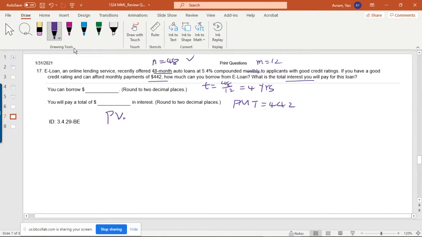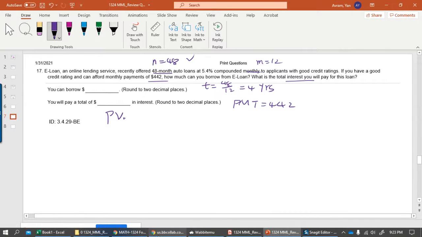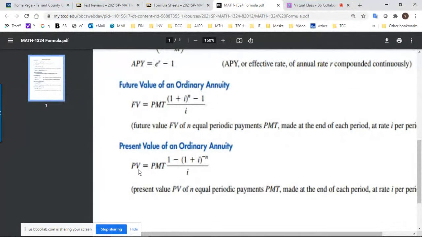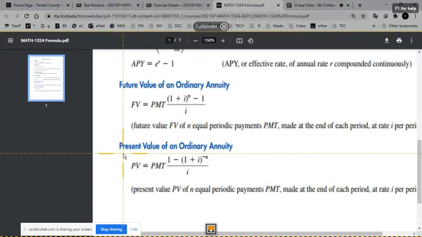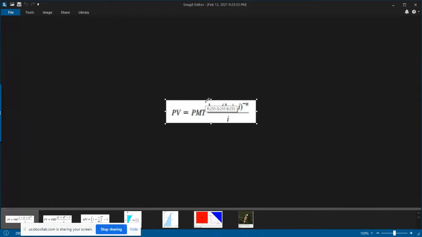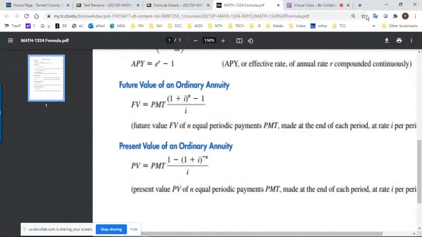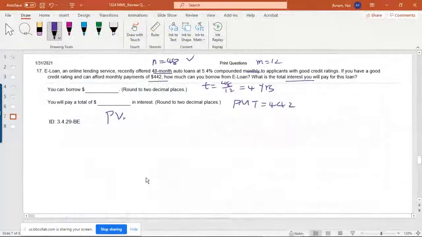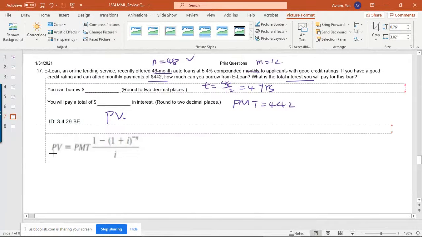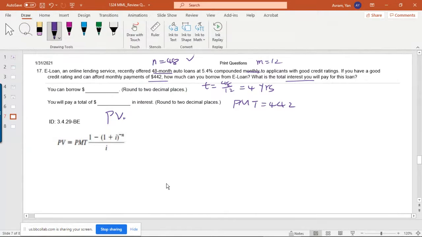And remember, we have this formula, the future value, the present value, and the formula in here. So I can use this formula to do a calculation.